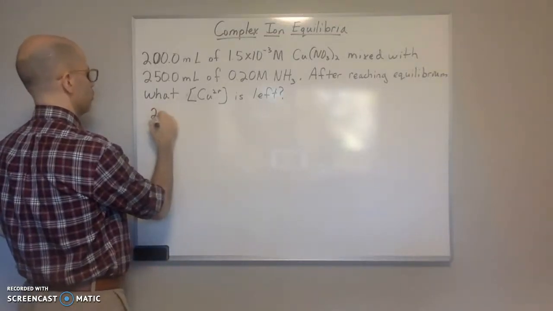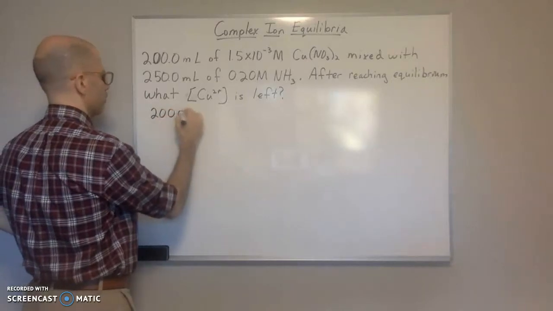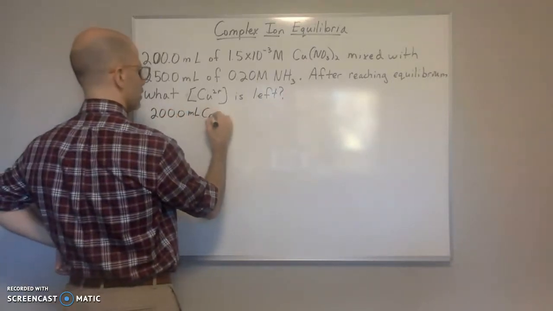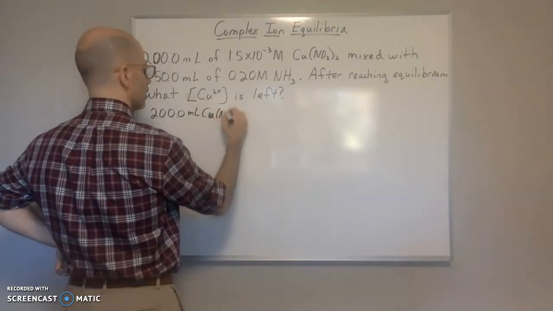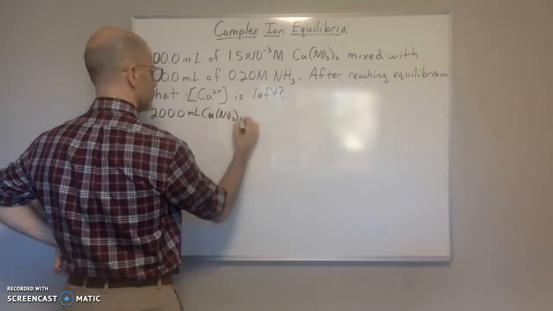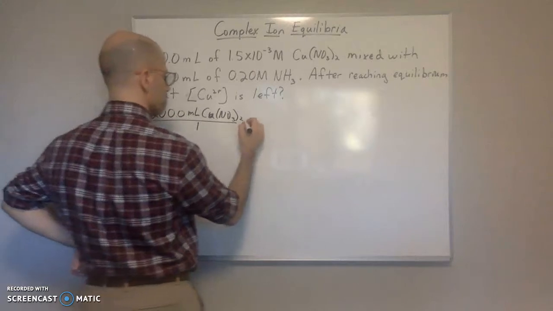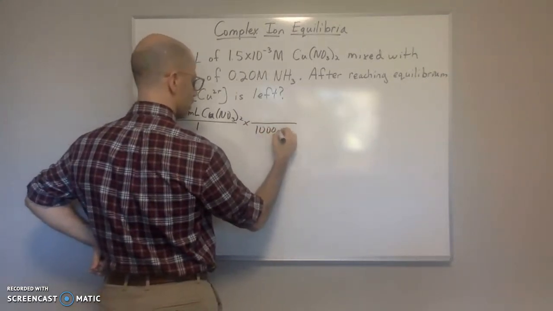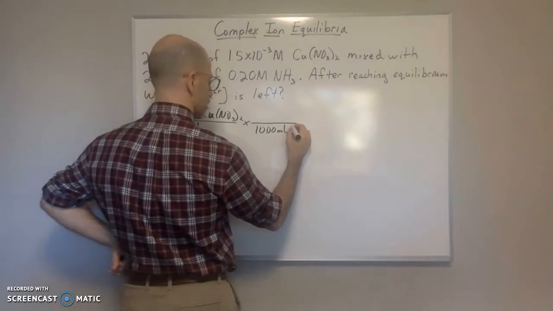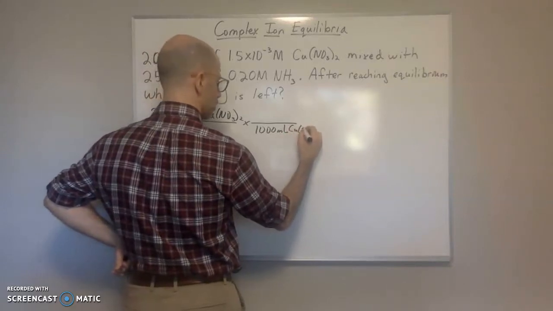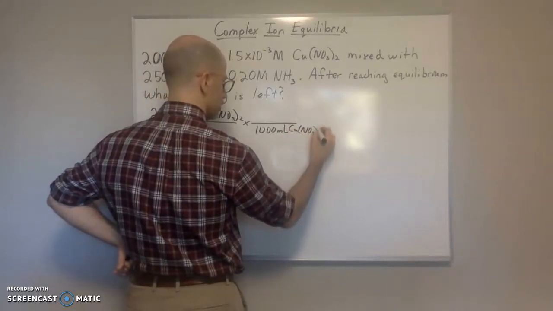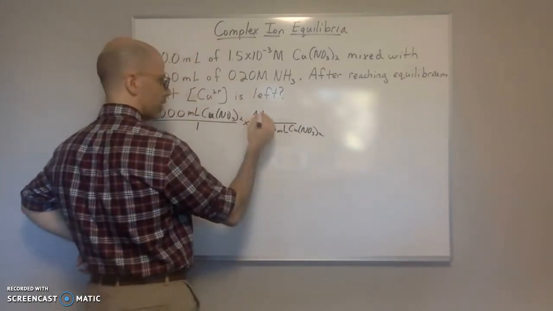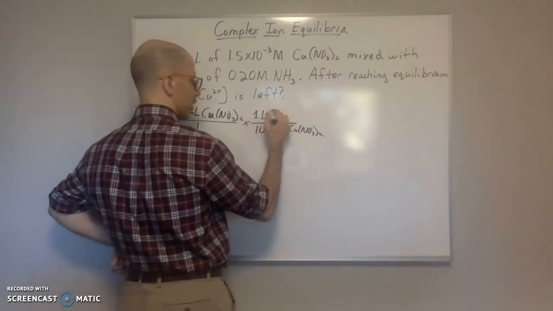And so here, we'll have 200.0 milliliters of the copper 2 nitrate. We're going to convert that to liters. So 1,000 milliliters of the copper 2 nitrate, 1 liter of the copper 2 nitrate on top.